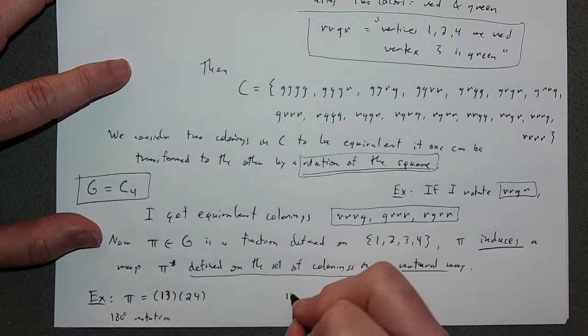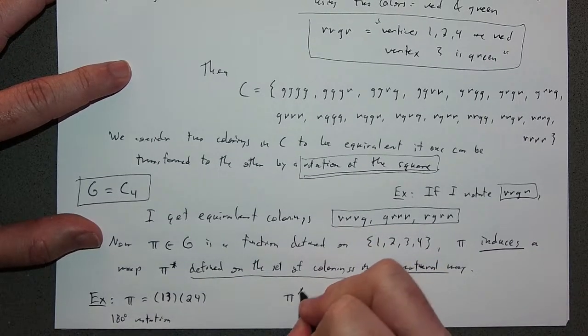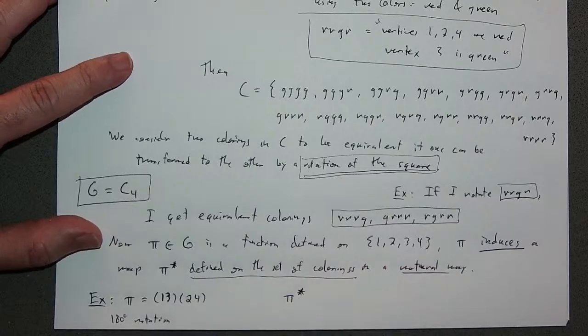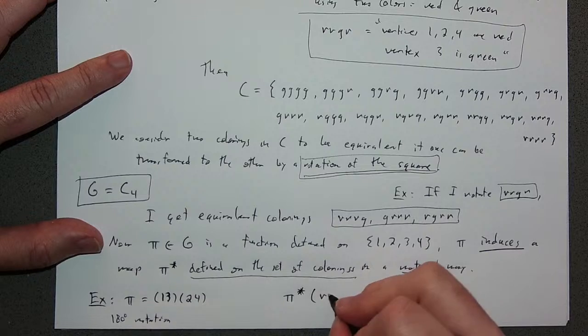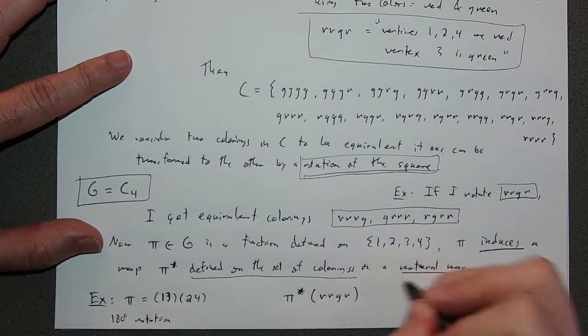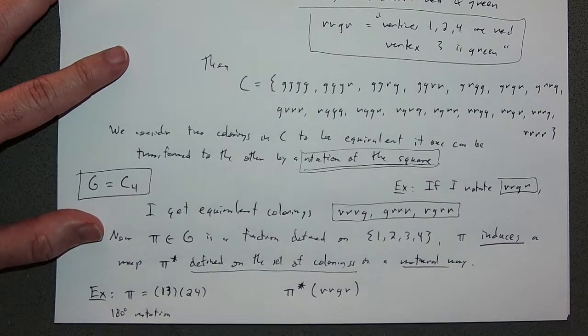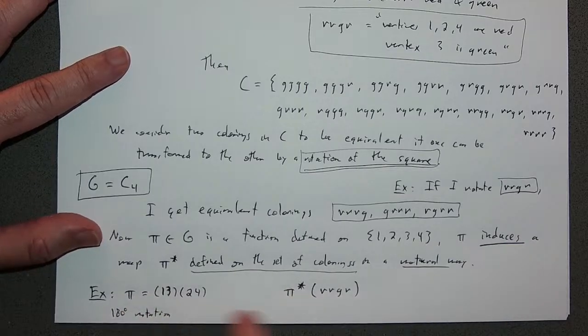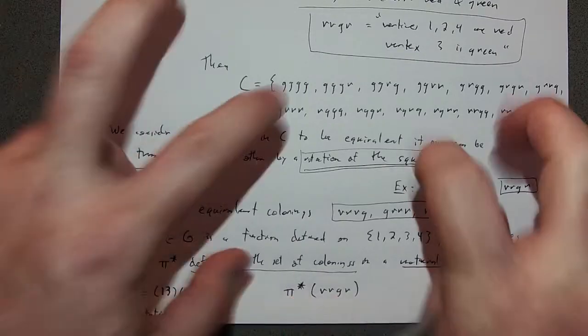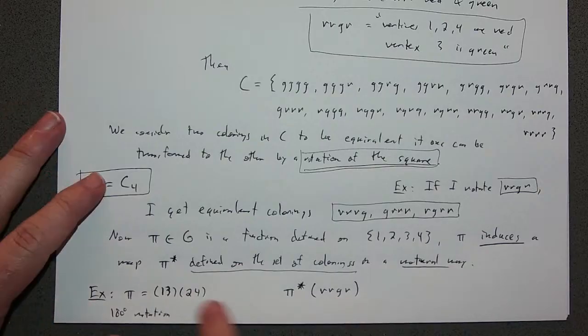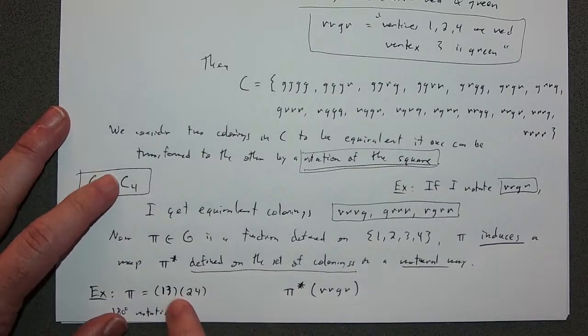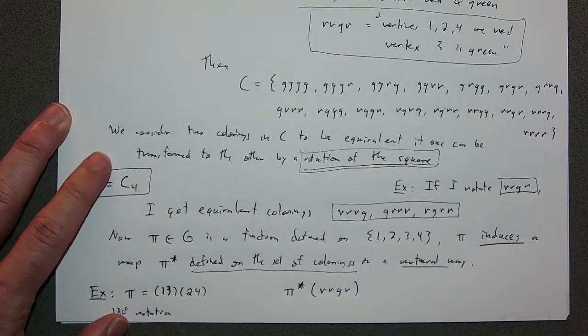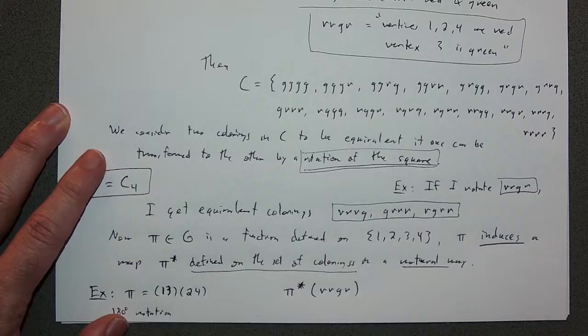So what is pi star applied to the coloring red, red, green, red? The idea is that whatever this pi is doing, this pi star is rotating the coloring in the same way, right? So the coloring gets rotated in the same way.